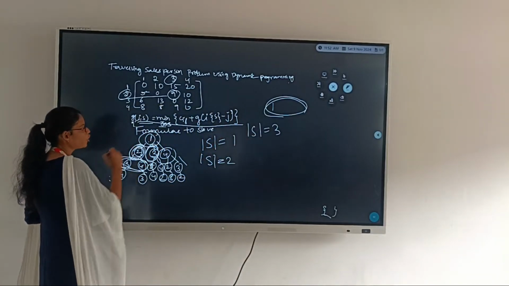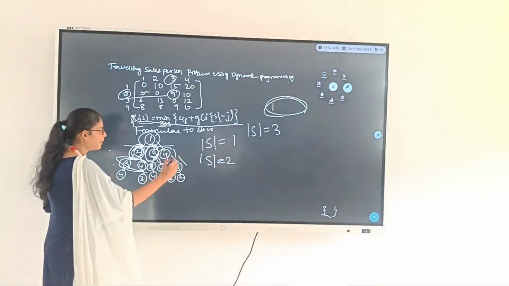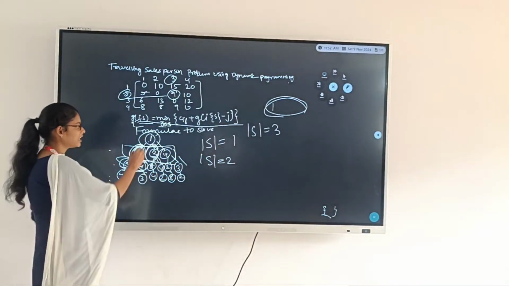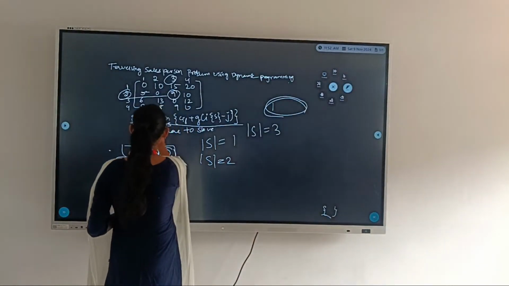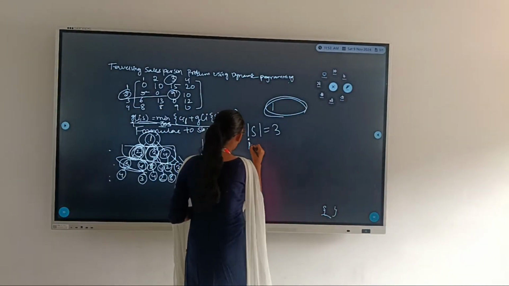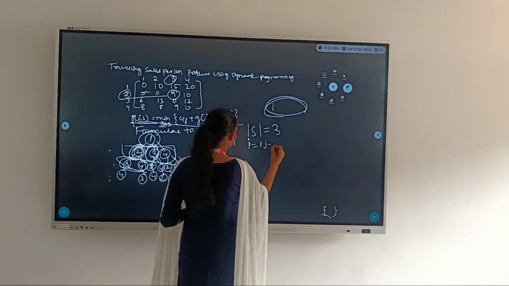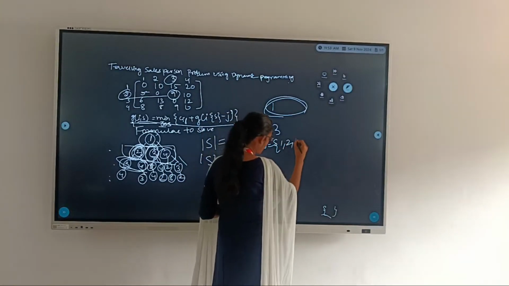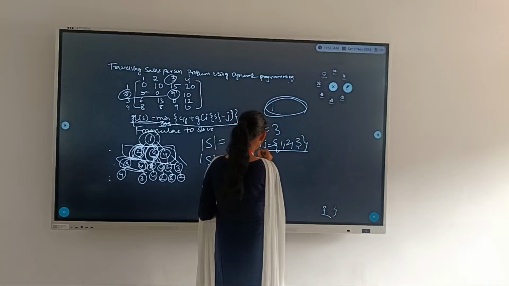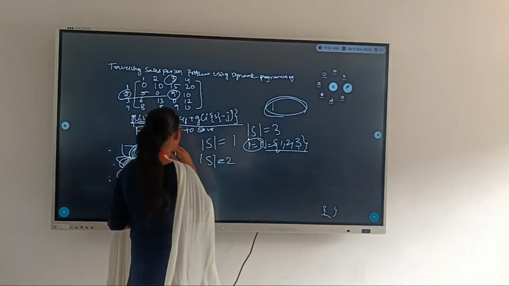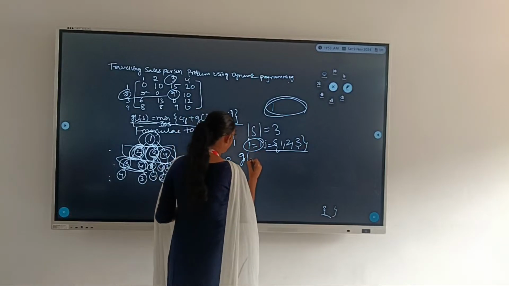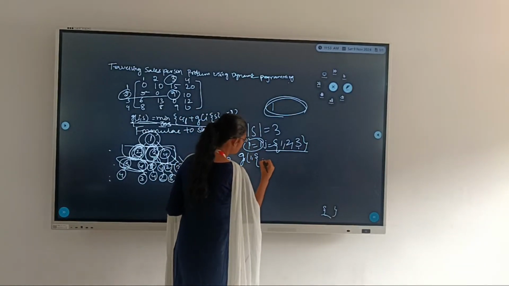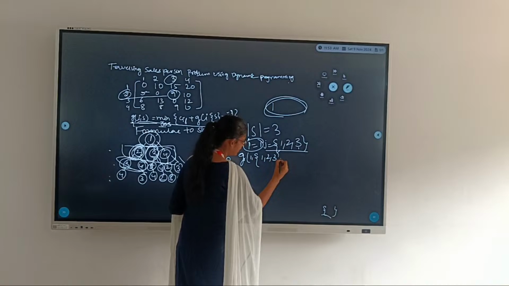Here the parent node is 1, and the parent node contains 3 children. So we should mention the formula with i is equal to 1 and j is equal to 1 comma 2 comma 3. This is the children nodes and this is the parent node. So substitute the g of i is 1, j is 1 comma 2 comma 3.